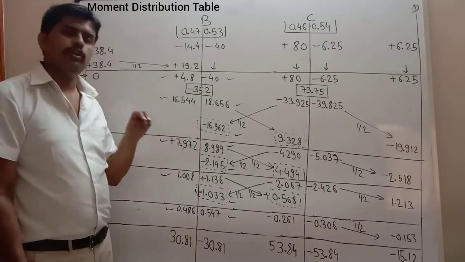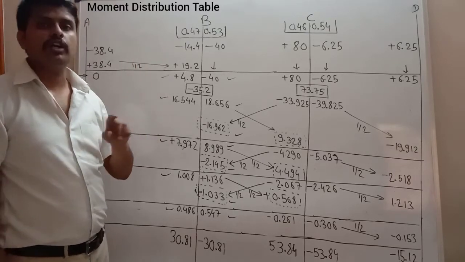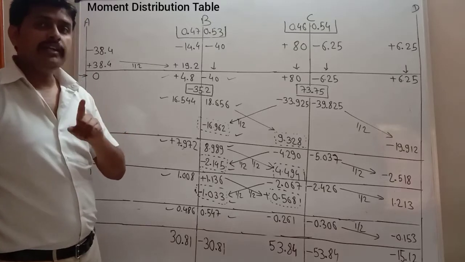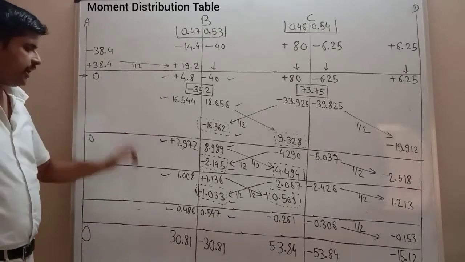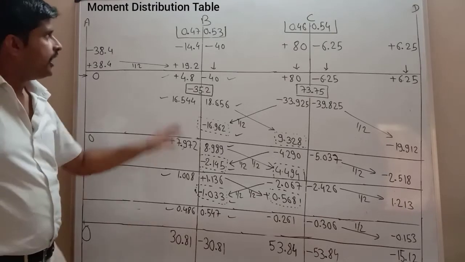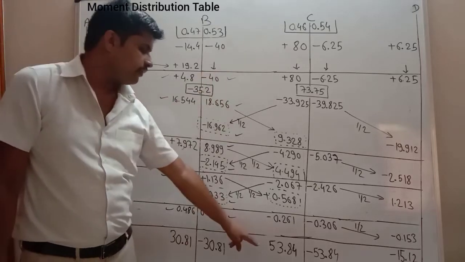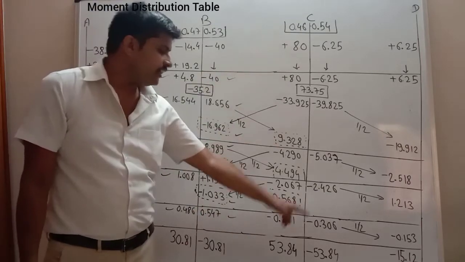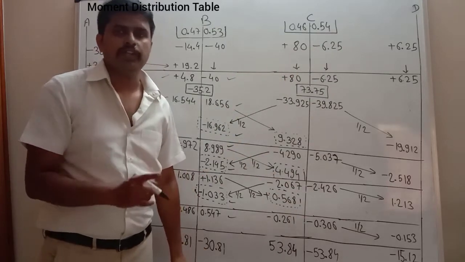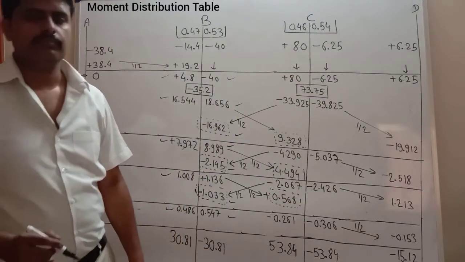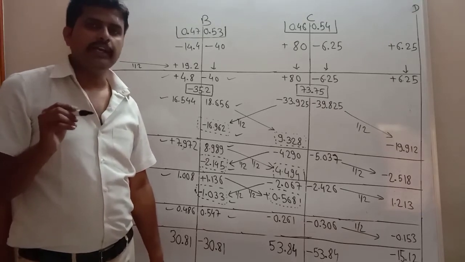I hope you got how to perform the moment distribution table. So our final end moments will be MAB 0, MBA plus 30.81, MBC minus 30.81, MCB 53.84, MCD minus 53.84 and MDC minus 15.12. Now our last step is to draw the final bending moment diagram.